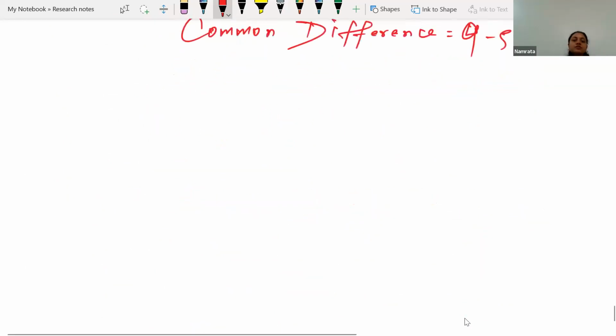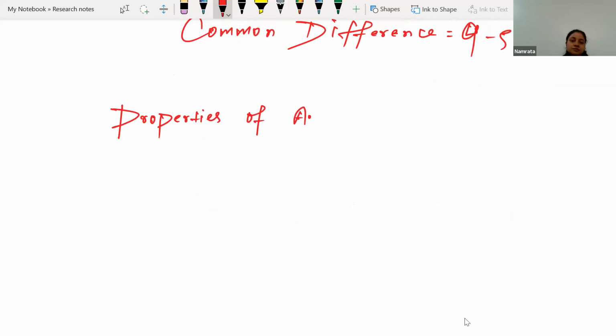Now the properties of AP. The first property of AP says the common difference, have you seen? It can be zero. It can be a negative number. It can be a positive number.